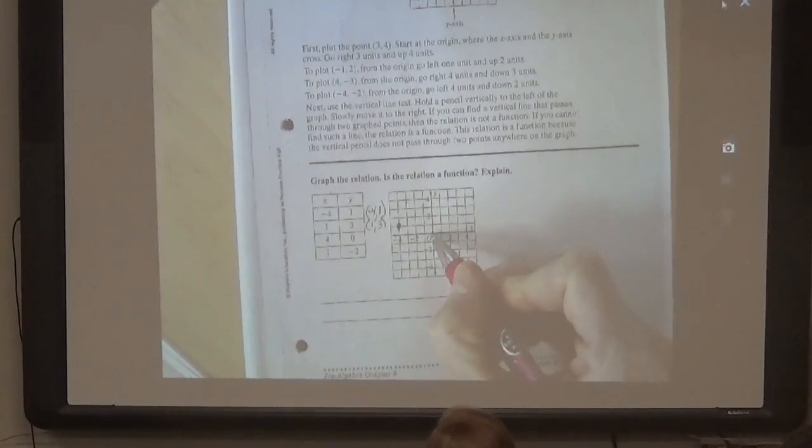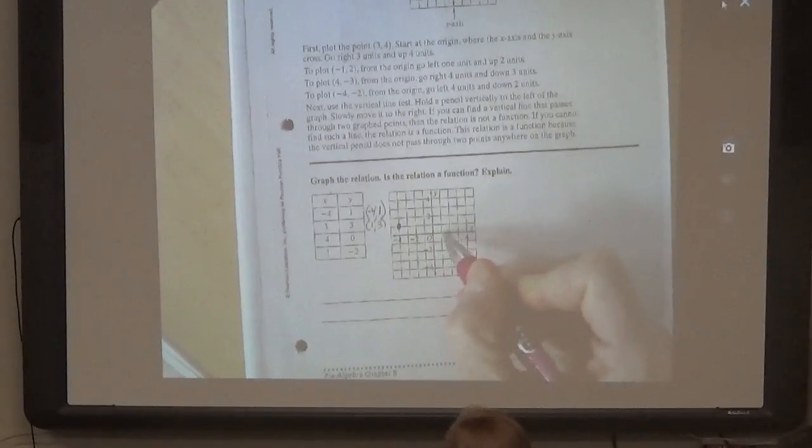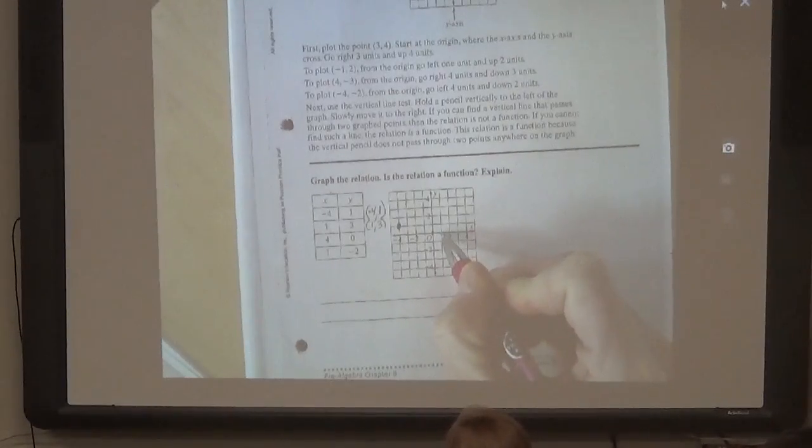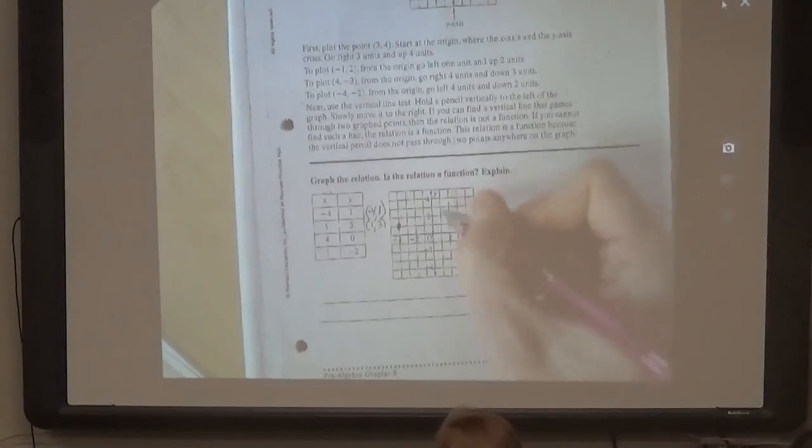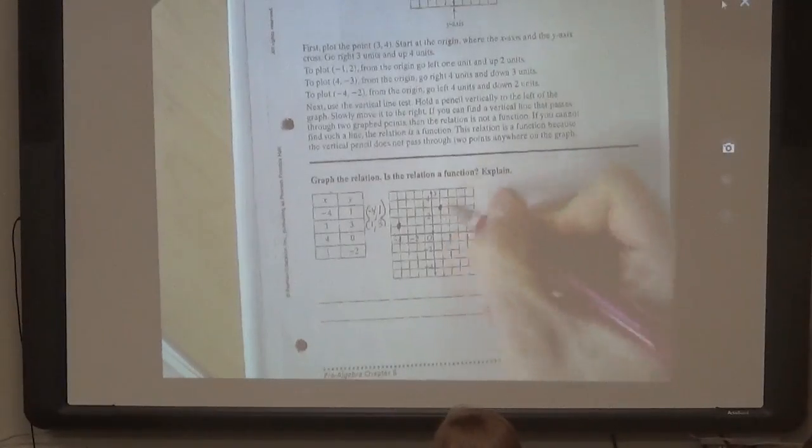Go right, because it's a positive 1. Go right 1. Then where? Up 3. 1, 3. And mark that point.